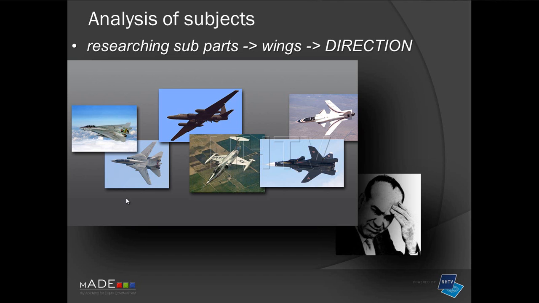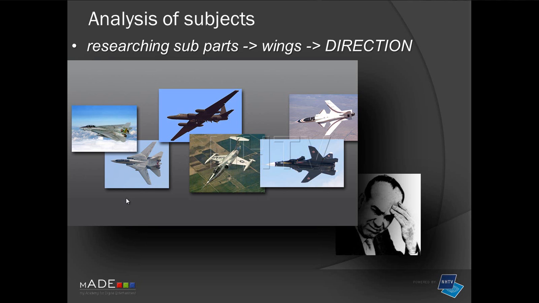One of the major elements you see about wings is their direction. Are they back-swept wings or forward-swept wings? Are they just straight wings?